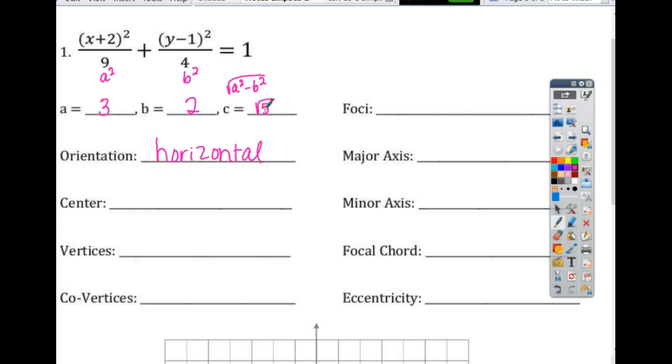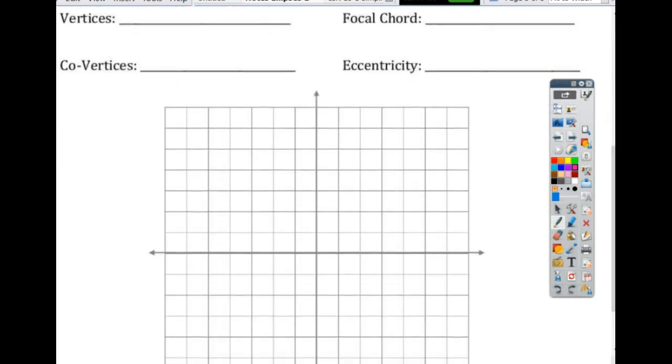All right, I'm just going to go ahead and start here. The center is -2, 1. So on your little handy-dandy graph, put -2, 1. The next thing it's asking for is the vertices, right? And the vertices are on the major axis, which means we use the bigger number.